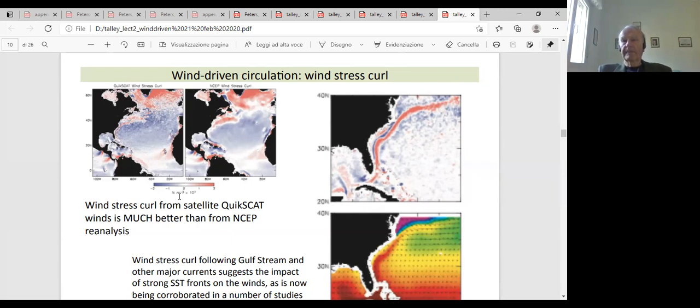So this shows you very nicely how the wind stress curl changes over the ocean. But obviously there are a lot of fine-scale structures in the wind stress curl which are not due to the planetary distribution of the wind stress curl. It's due to the presence of the orography.